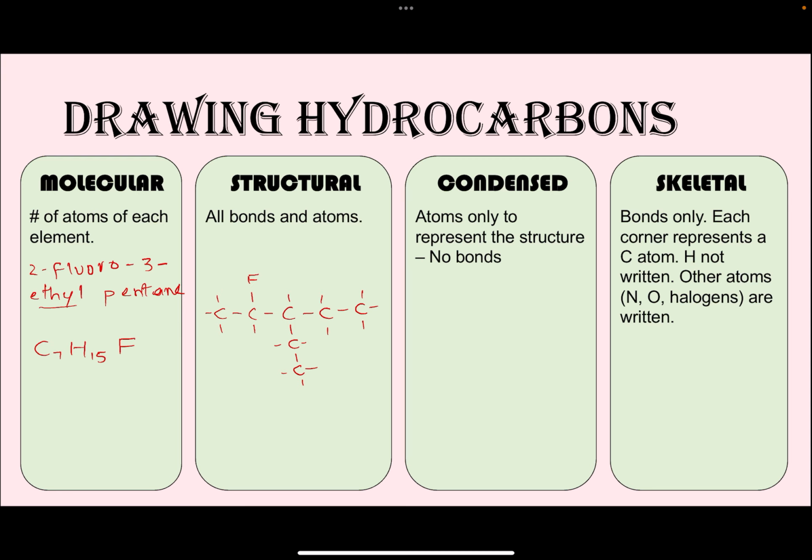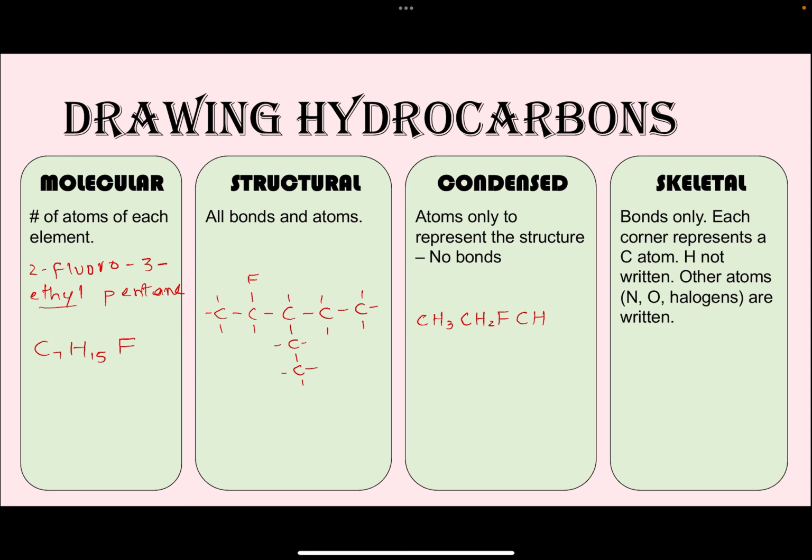Okay? So then if we have to write the condensed formula using the structural formula, that is going to be CH3, CH2, F, and then CH.